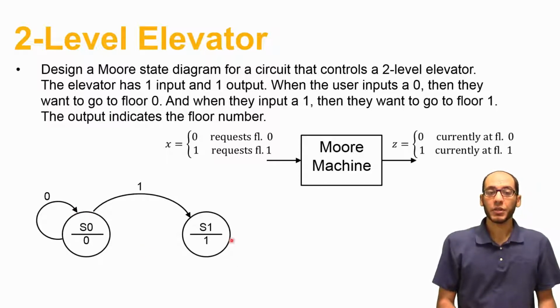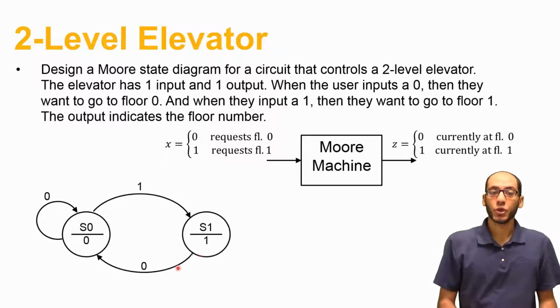Similarly, we need to go to state S1 and study what happens if we have an input of 0 and what happens if we have an input of 1. For an input of 0, we go back to state S0, representing that we are now moving the elevator from state S1 to state S0.